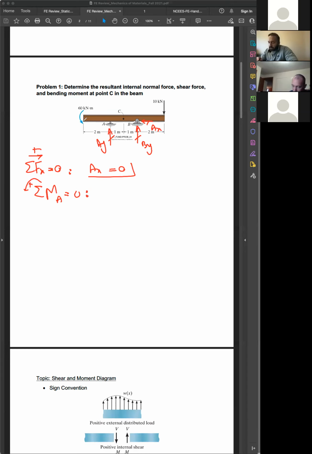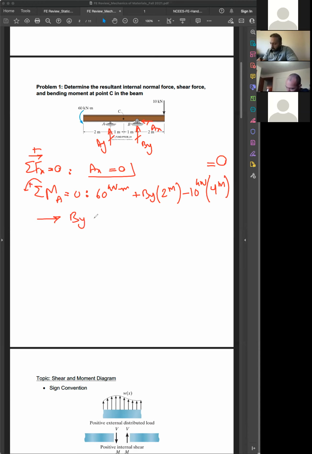For this one, you have the 60 kilonewton meters. It is counterclockwise, so positive. This guy is passing through A, no moment for this. This guy is creating moment, but it is counterclockwise, so plus By times 1 and 1 would be 2. Then you have this 100 goes down, comes up from the other side, would be clockwise. The arm for that would be 1, 1, 2 would be 4. Nothing else, equal to 0.